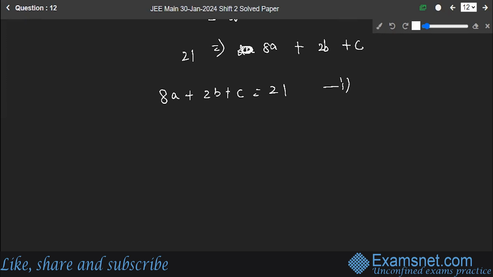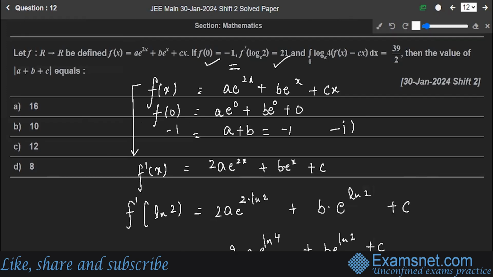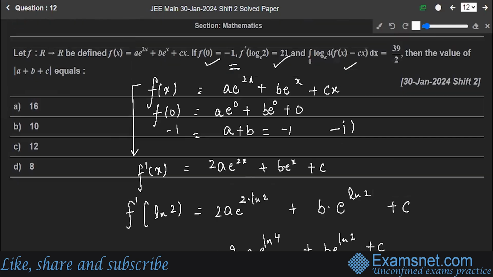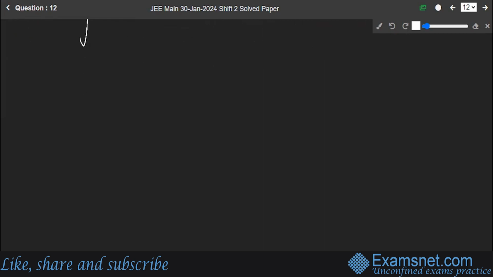That's equation 2. And now you're also given that the integral of this function is equal to 39 by 2. Now you're also given the integral from 0 to natural log 4 of f(x) minus cx dx. Actually, there is a bit of mistake.